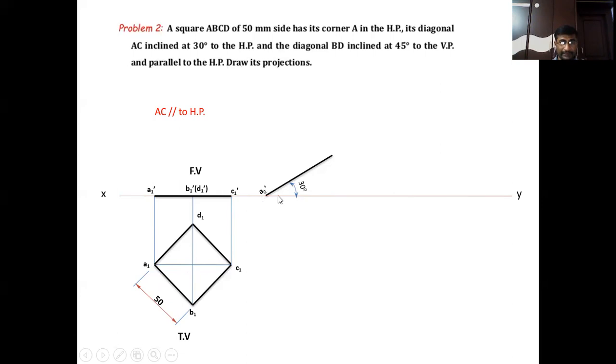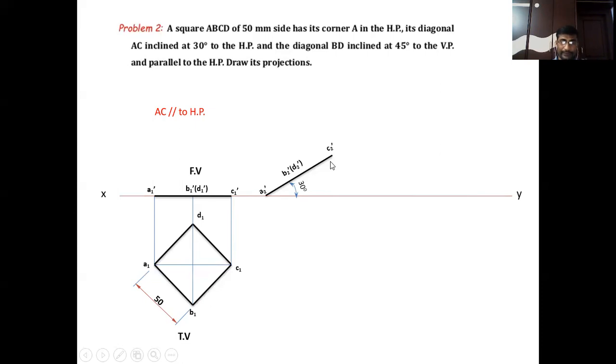Rotate this line with the point A2 dash as a reference point and draw the line length which is equal to the initial front view length. Then locate the other points, B1 dash, D1 dash, which is at the center. It becomes B2 dash, D2 dash at the center of the line. And the third point is C2 dash, the last end point of that front view.